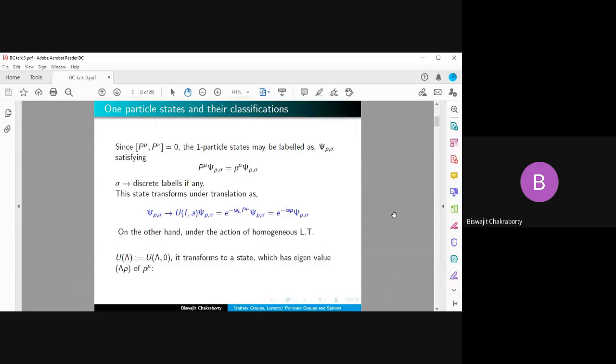So one particle state, if I consider, as I have spoken about in my first lecture, or yesterday itself, the irreps of the Poincare group can be described by giving the eigenvalues of the Casimirs: P squared, which gives its mass, and the eigenvalue of W mu, the Pauli-Lubanski vector, which gives spin.